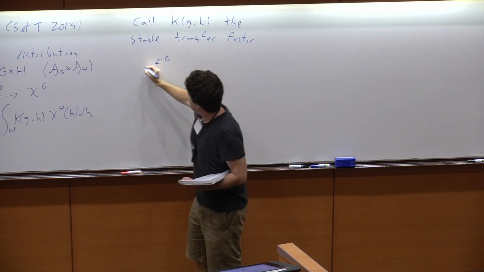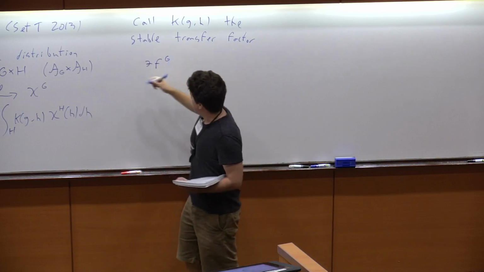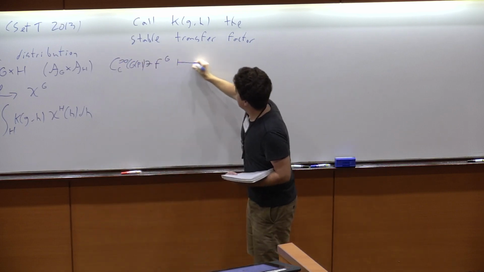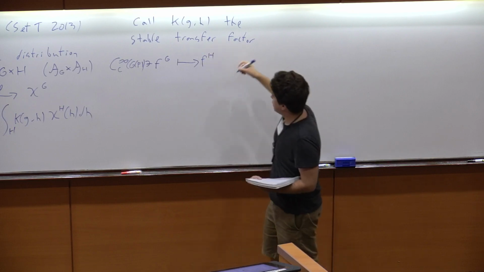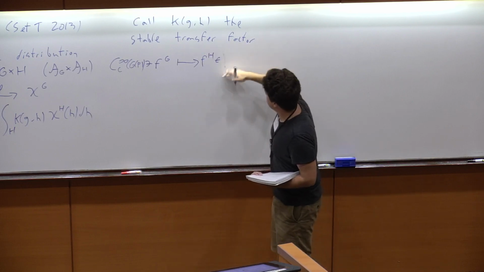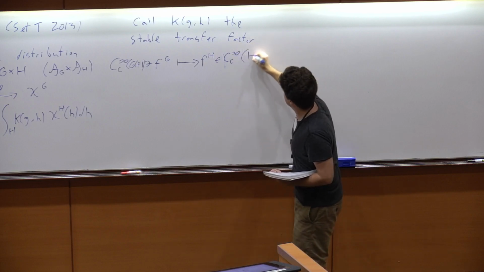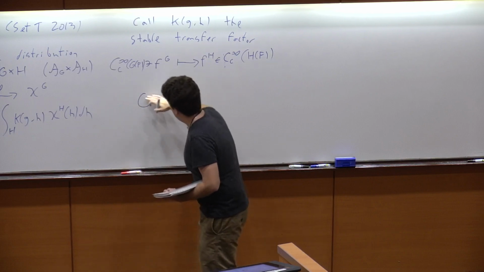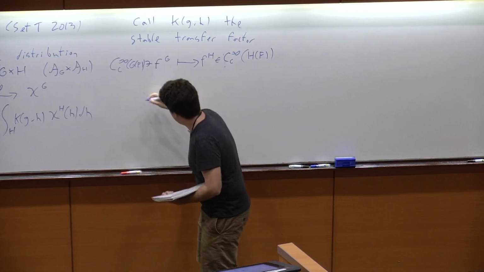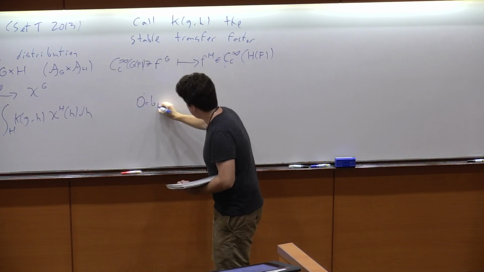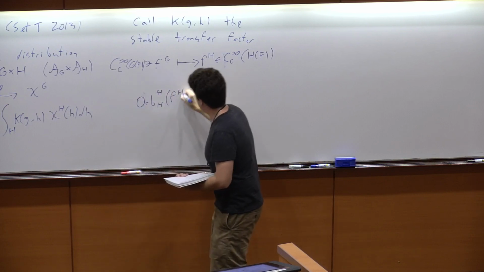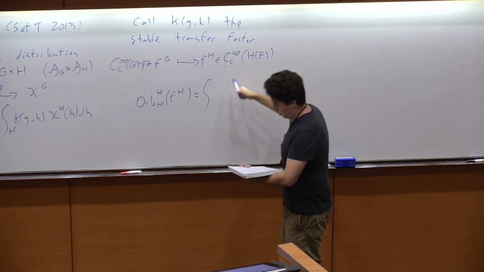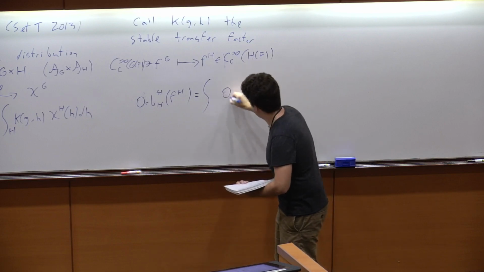If you have some smooth function f superscript G, smooth compactly supported on G, we'd like there to be some transfer function on H such that the stable orbital integrals of H of this function, f superscript H, match those on G in this following sense.